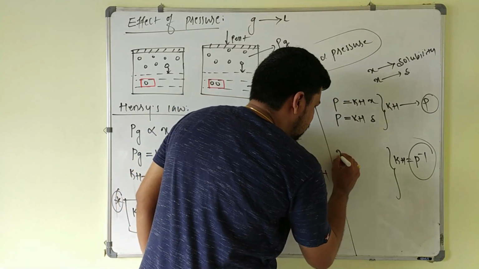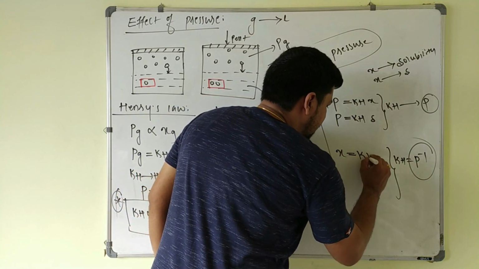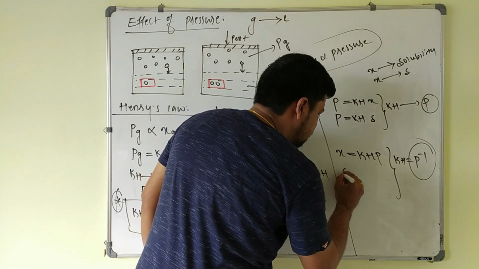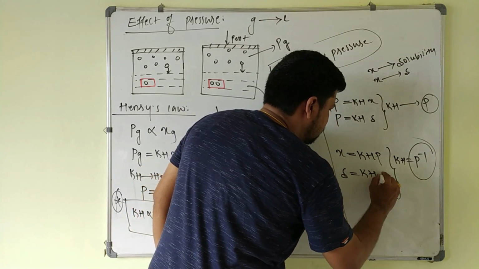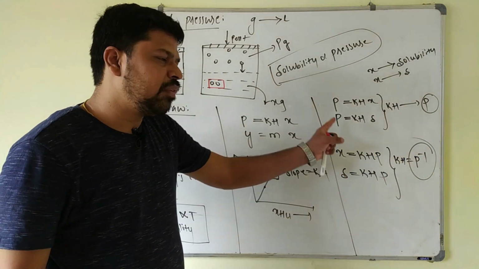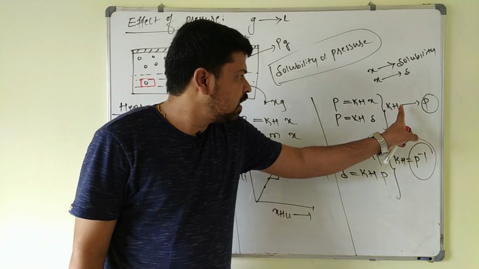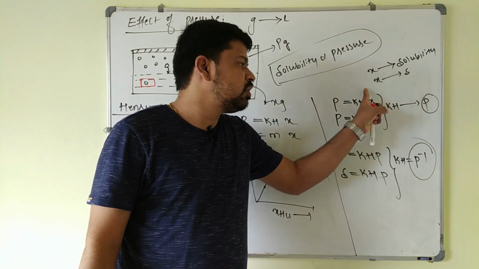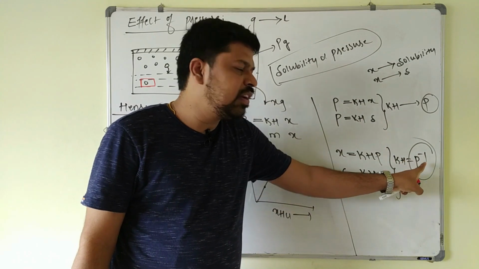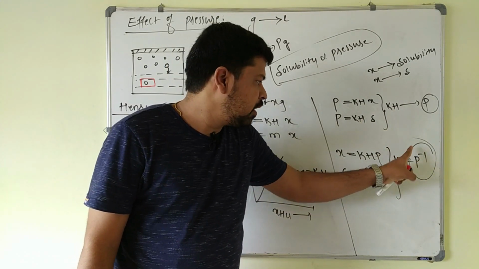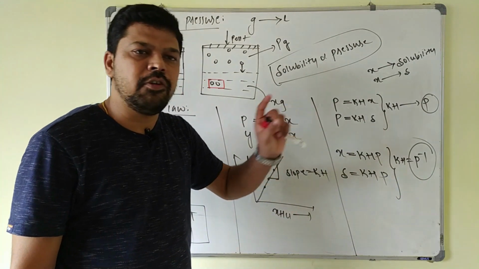That is X is equal to KH into P, or S is equal to KH into P. So this is very important to solve the problems. If KH is given in terms of pressure, you use the first formula. If KH is given in terms of per unit pressure, then you use these formulas here.